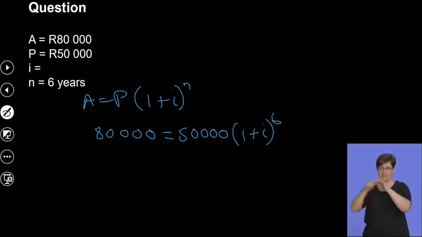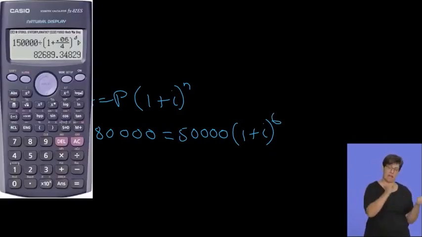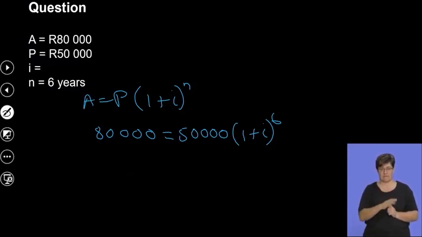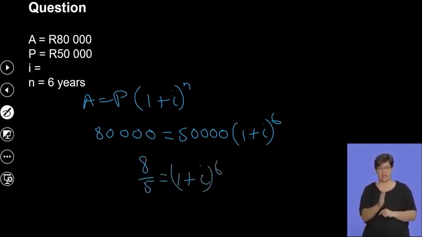Now we go back to our calculator. I have 80,000 and I'm going to divide this by the 50,000, which will give me 8 over 5. So 8 over 5 is equal to (1 + i)^6. Then, remember, you take the 6th root on both sides.